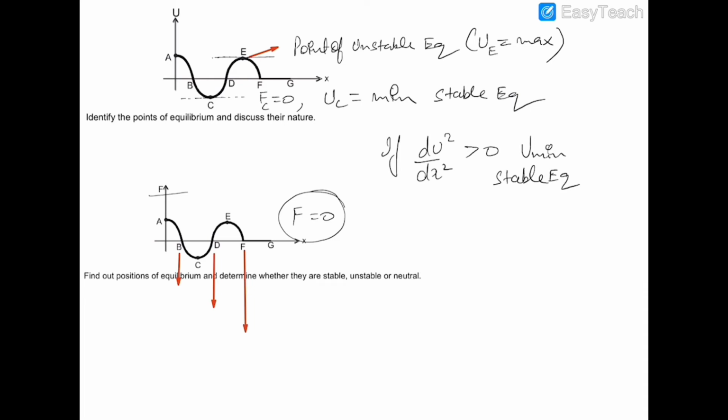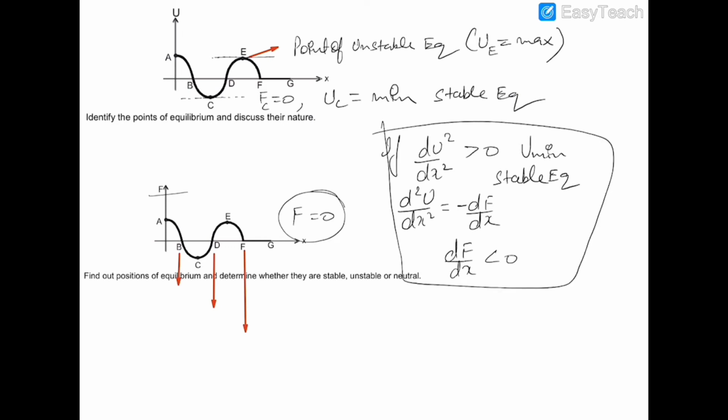Now we know that d square u by dx square is also equal to minus df by dx. So the point where df by dx will be less than 0 will be the position of stable equilibrium.